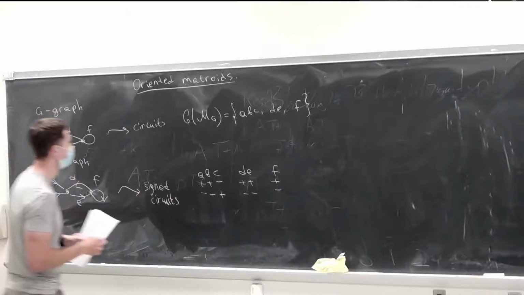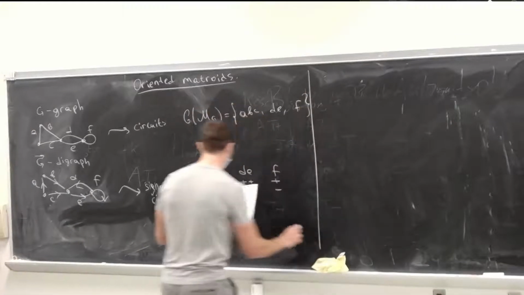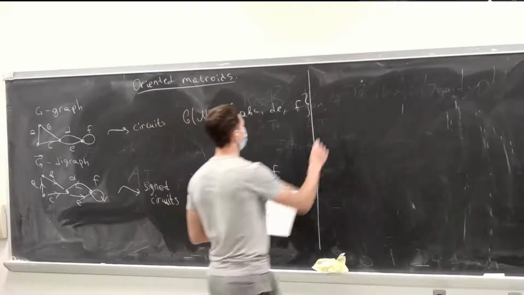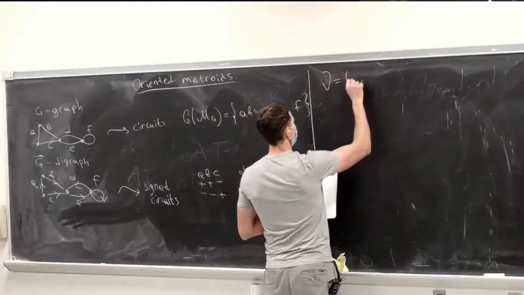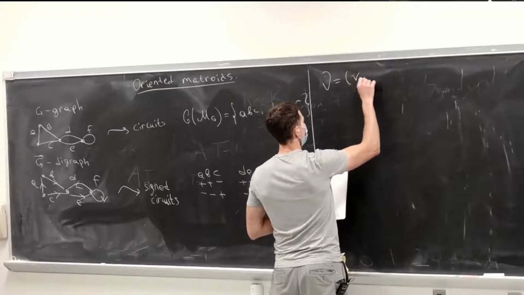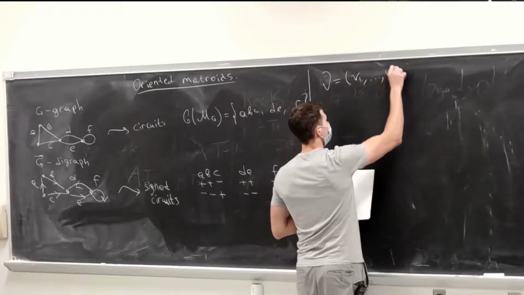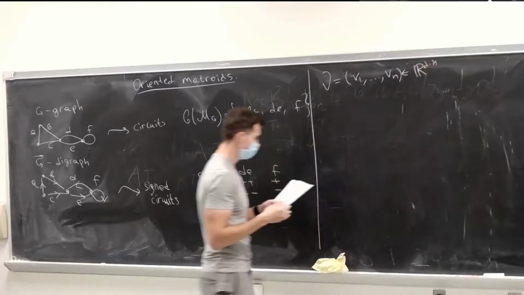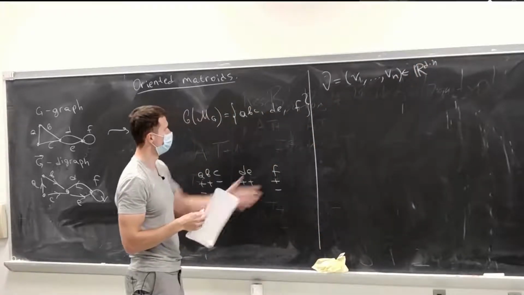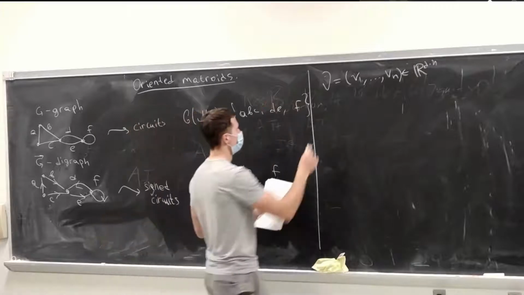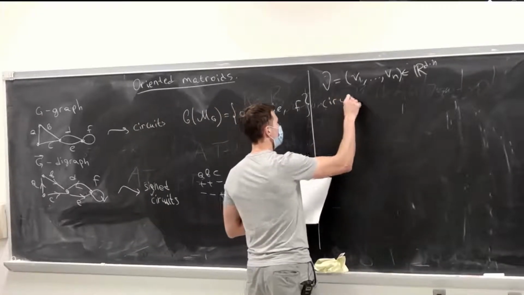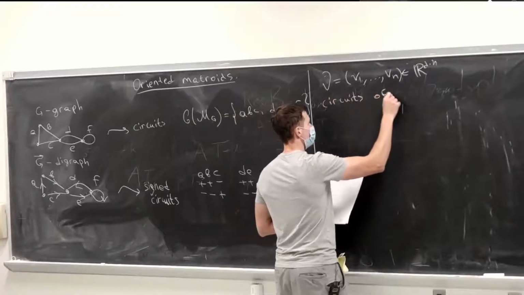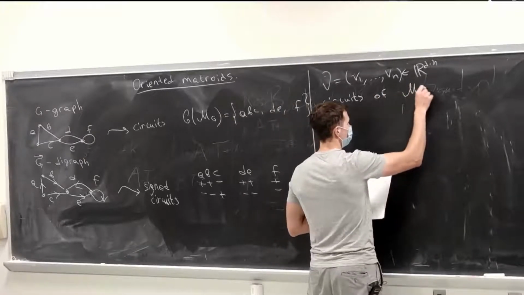And now what about a vector configuration? Let's say I have a vector configuration as usual. What are the circuits of the corresponding unoriented matroid?